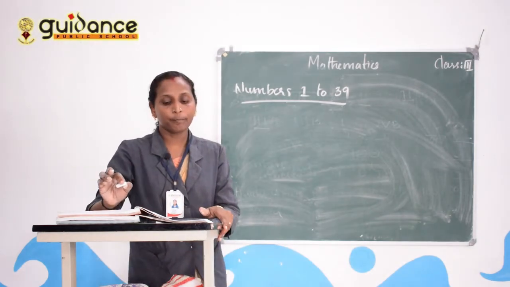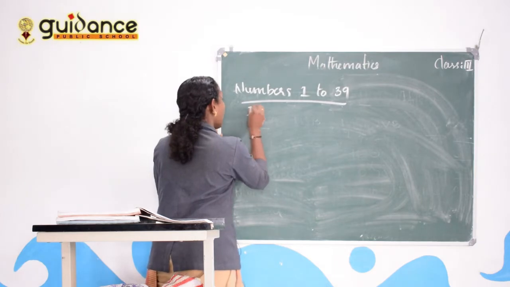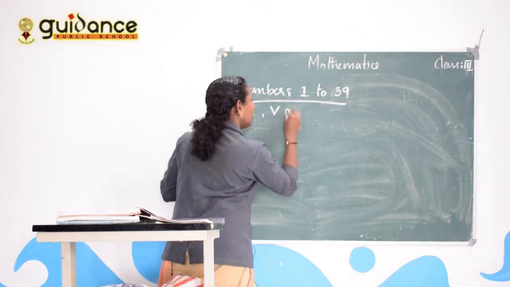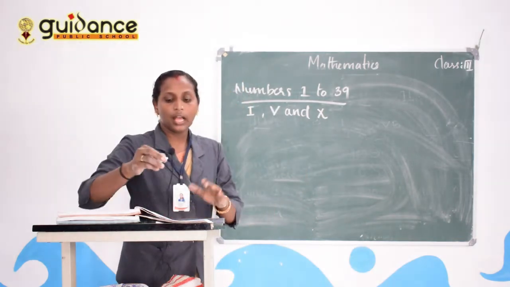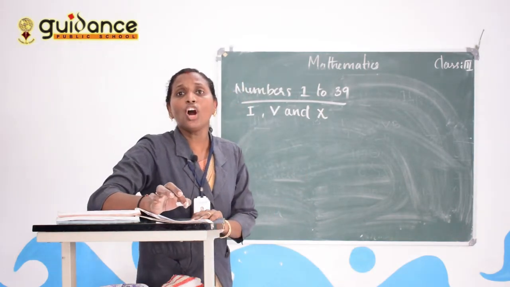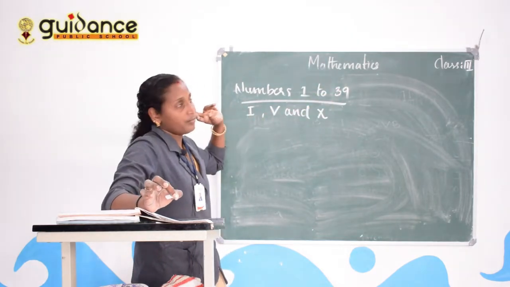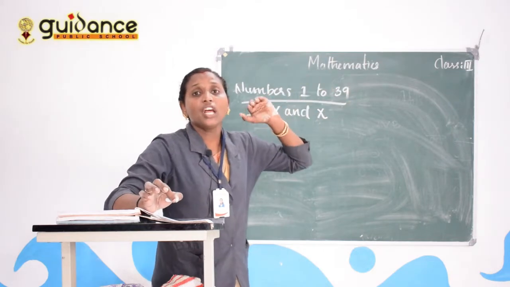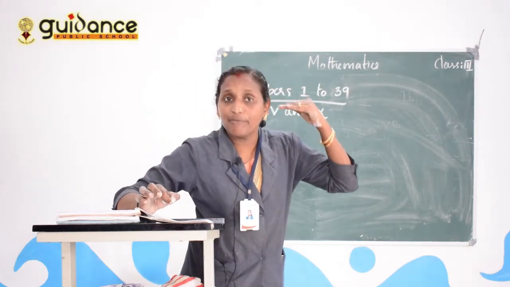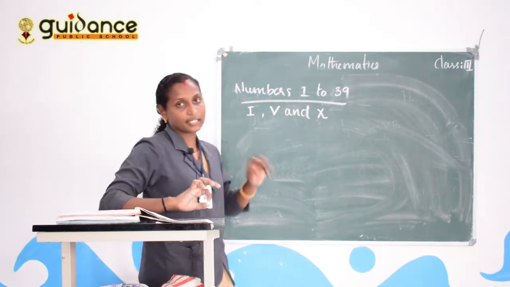Okay, the symbols I, V and X are used to form the numbers 1 to 39. That means for forming numbers 1 to 39, we use the English alphabets I, V and X.